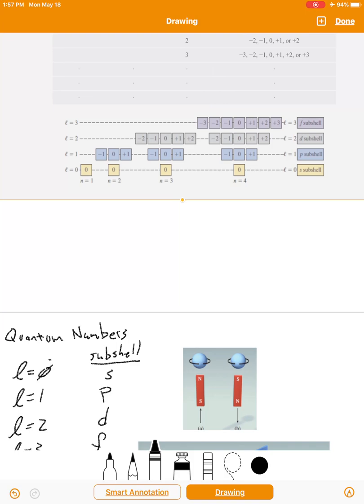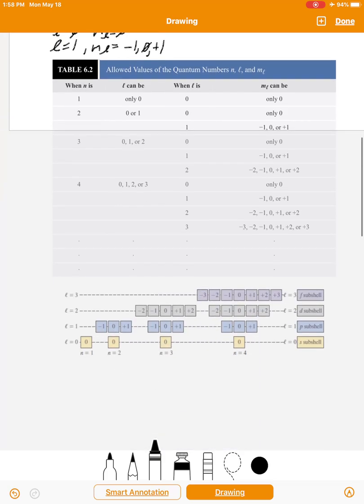Go up one more, L equals 2. That would be called a D subshell. There are 5 boxes there. And then the one at the top, on the right again, L equals 3. There are 7 boxes there. That would be called an F subshell. Okay? So subshells are all of these combinations that have the same value of L within a shell. That's the idea, essentially.